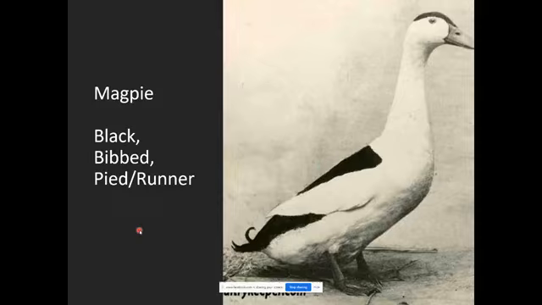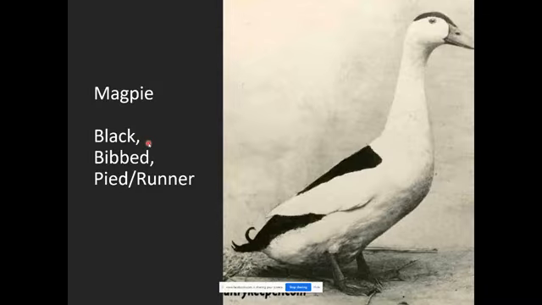And the final example, I think it is anyway, that I want to go through is the magpie duck, or the magpie colour pattern in, say, call ducks. I know there are people in Australia working on the magpie breed and the magpie colour pattern.